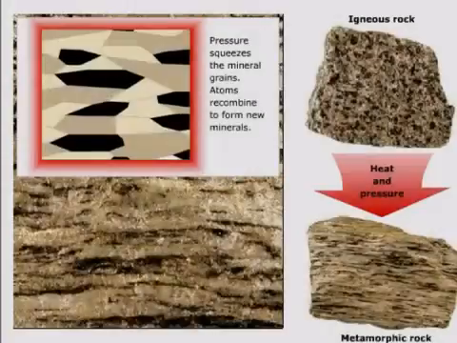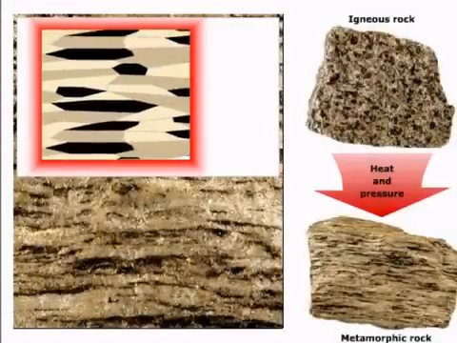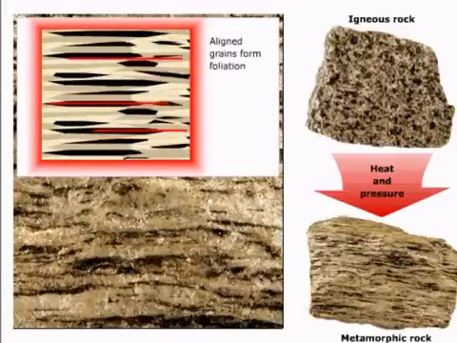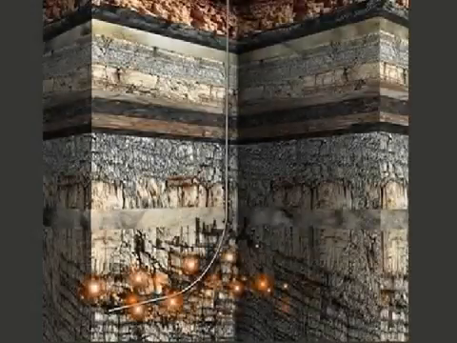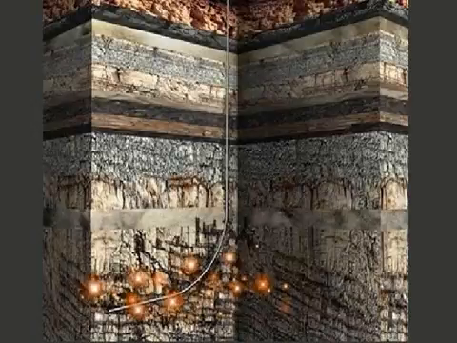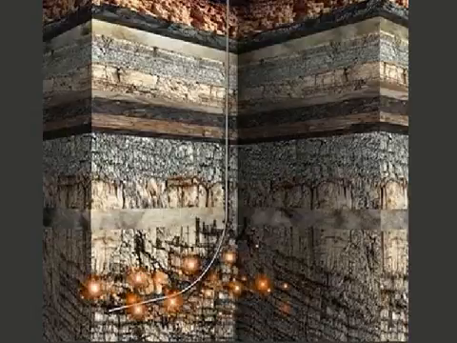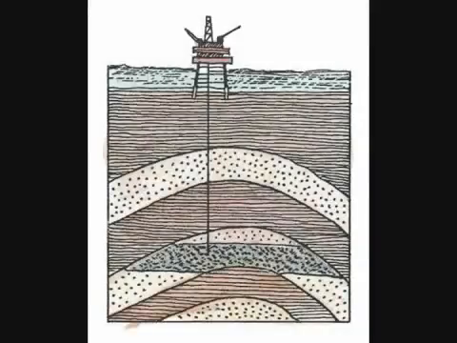Finally, metamorphic rock is formed when the plate margin movements cause rock to be pushed down and transformed. As I said before, in the oil industry, we care mostly about sedimentary rock because that is where the oil is, where we find the hydrocarbons. The presence of hydrocarbons in sedimentary rock is why we search for this type of rock.